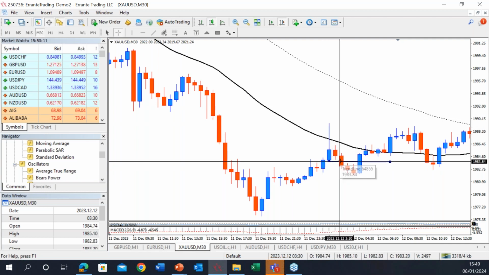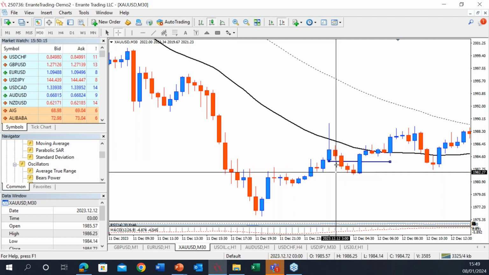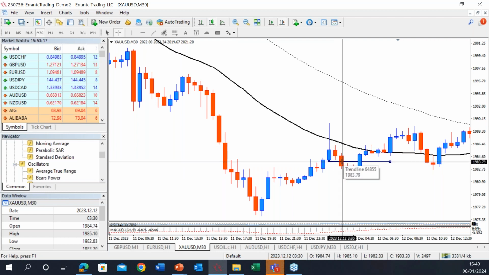So it can actually be a trading opportunity, but you must go very, very low with this, as it can be a really tricky one.